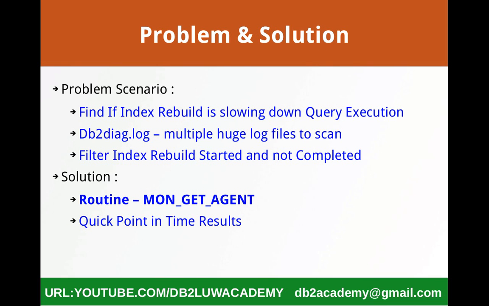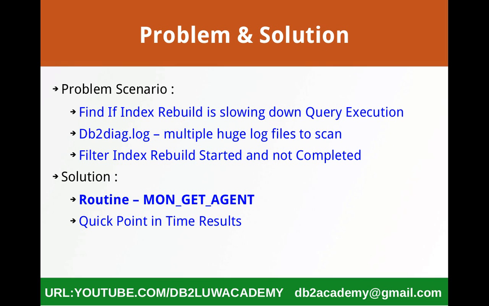So I'm just going to provide you an alternate way to get this particular information. You can use the routine MON_GET_AGENT. There is a state variable that will tell you whether that particular agent is working on index recreation or not, and it will give you a very quick point in time result.